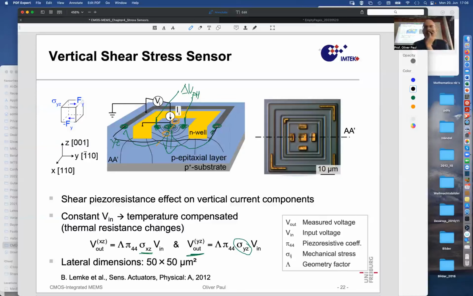So let's look at the stress tensor. We have sigma xx, sigma yy, sigma zz, sigma xy, sigma xz, and sigma yz, a symmetrical stress tensor. Now, what we learned how to measure is the in-plane shear stresses.